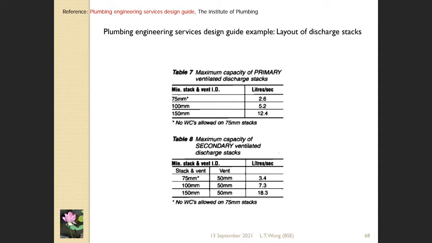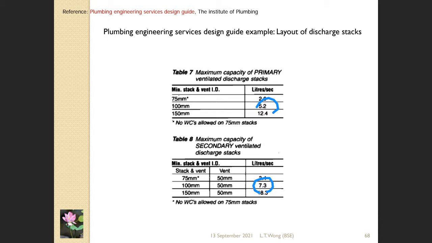Say for the primary ventilated stack, a 100 pipe is 5.2 liters per second. The 5.2 liters per second is calculated by the same design guide methods as well. If we have secondary ventilation, which means the pressure can be mitigated by additional air introduced to the system, we can allow more flow rate, not 5.2, but now 7.3, which will generate the same level of pressure.